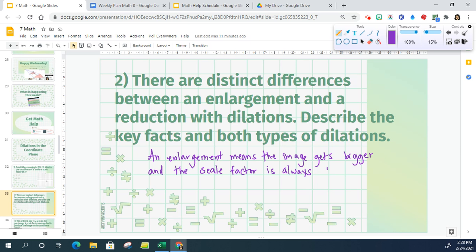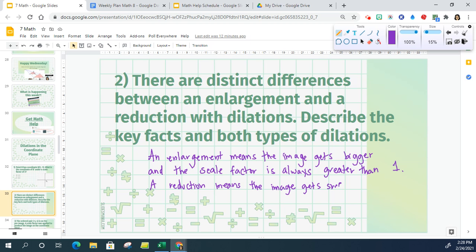Thank you, RJ, the scale factor is always greater than 1. Okay, what's a reduction? A reduction means the image gets smaller.